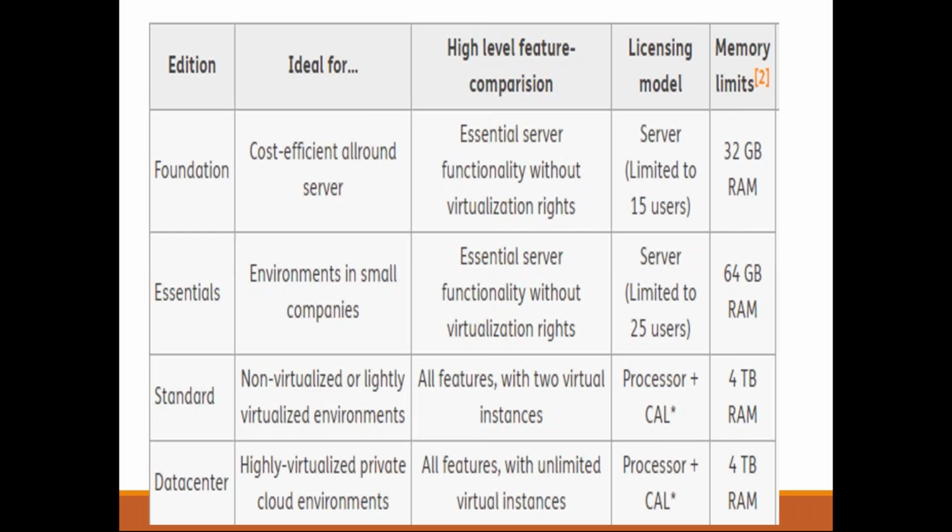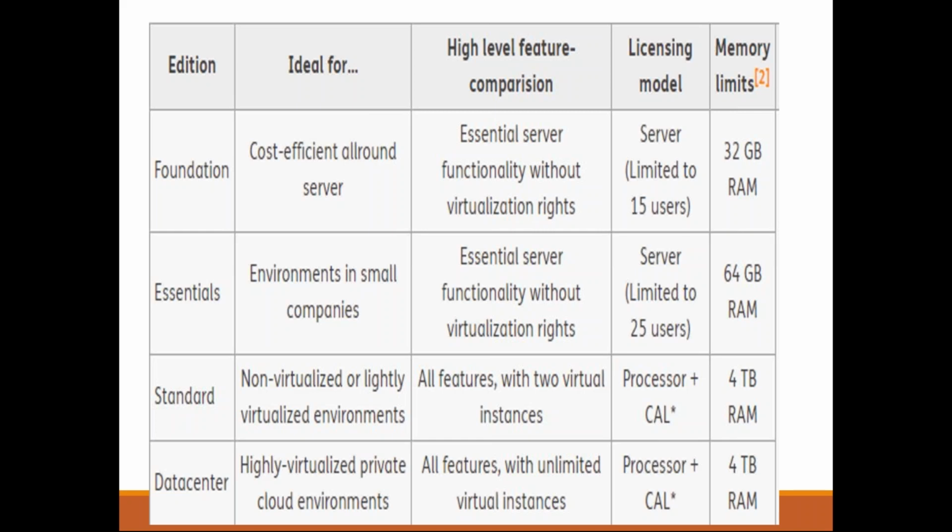And coming to Essential edition, it suits environments in small companies and small organizations, say for example where there are some 20 systems or 50 systems, so this is well and good for that. Essential server functionality, and again here also remember no virtualization.